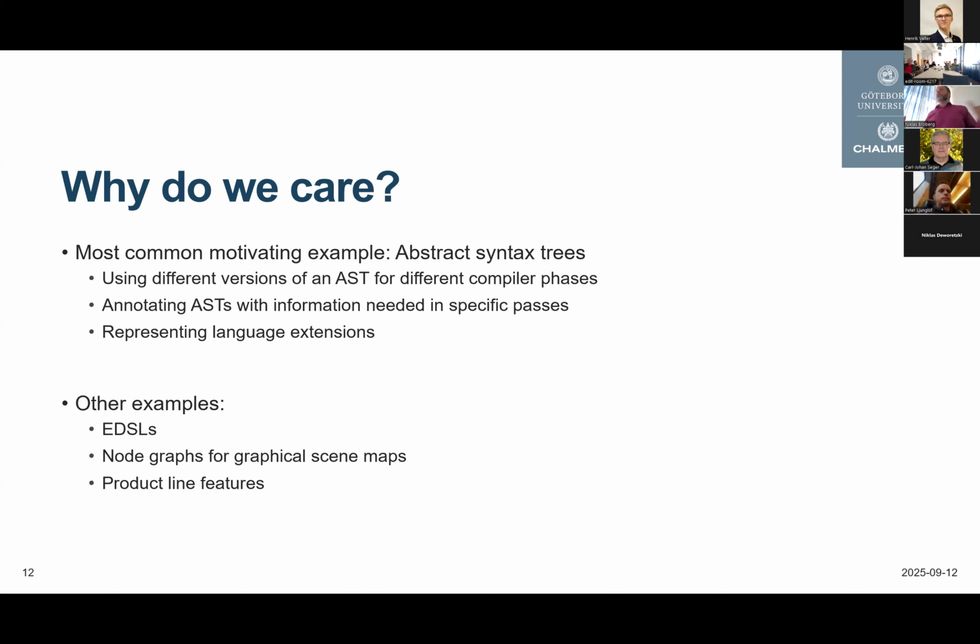We'll see that in a bit. And you might want to use different sets of constructors or variants, different sets of nodes for your AST in different compiler phases with different auxiliary information attached as annotations and so on. So the running examples that I'm going to use will be of this kind, but there are also other examples.